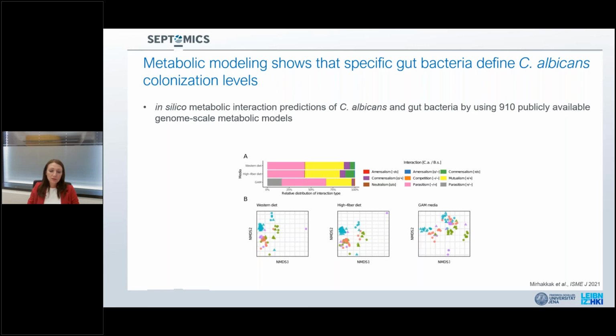So with this, they simulated growth on two different media compositions, for example, the Western and high fiber diet. And this helped us to show that the majority of the gut bacteria have either basically mutualistic or parasitic relationships with Candida albicans, but also some different interactions were seen, such as commensalism in this case.